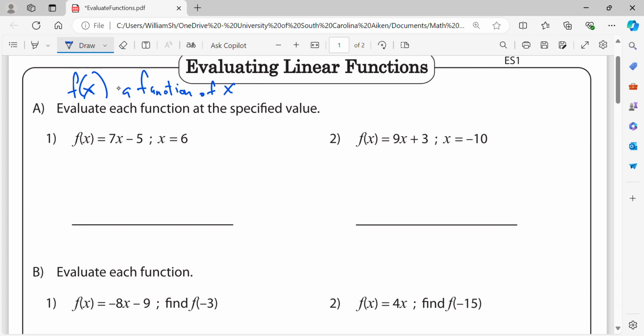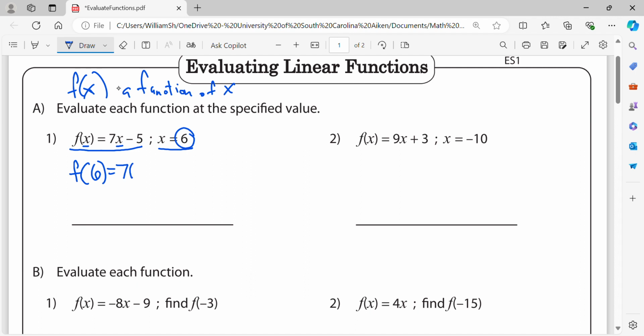When they give you the function and then give you the corresponding x value they want you to use, what they want you to do is plug a 6 in everywhere you see an x in this function. So we're just going to rewrite this function with a 6 everywhere there's an x, and get rid of the x.